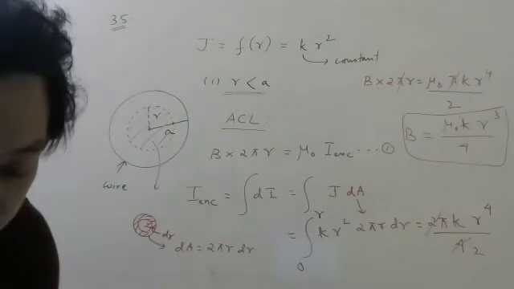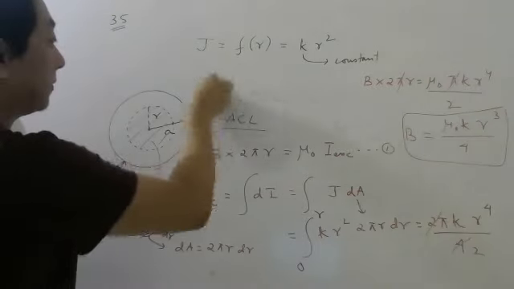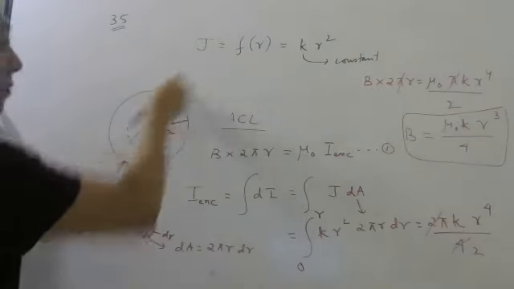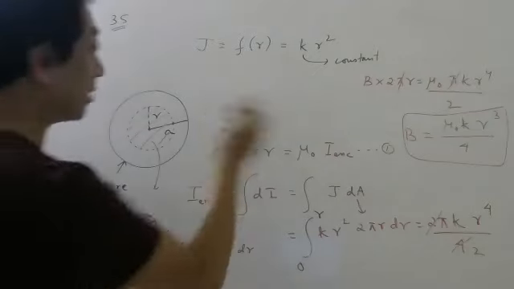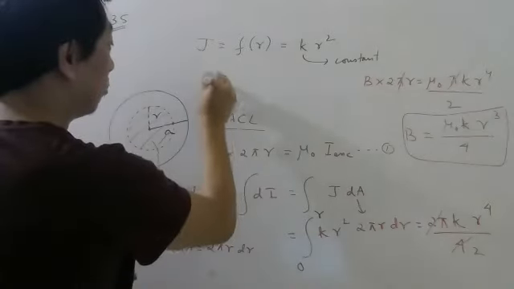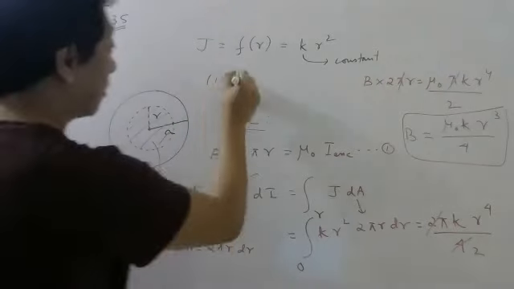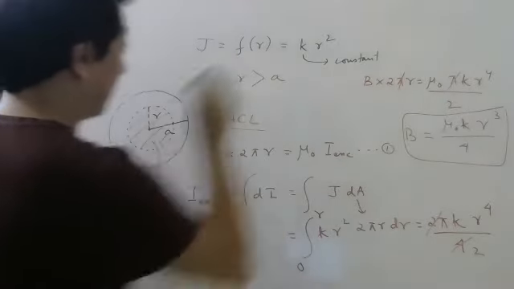Now I want to calculate outside. So second part is, both the parts will not come in exam. One part may come. So for r greater than a.